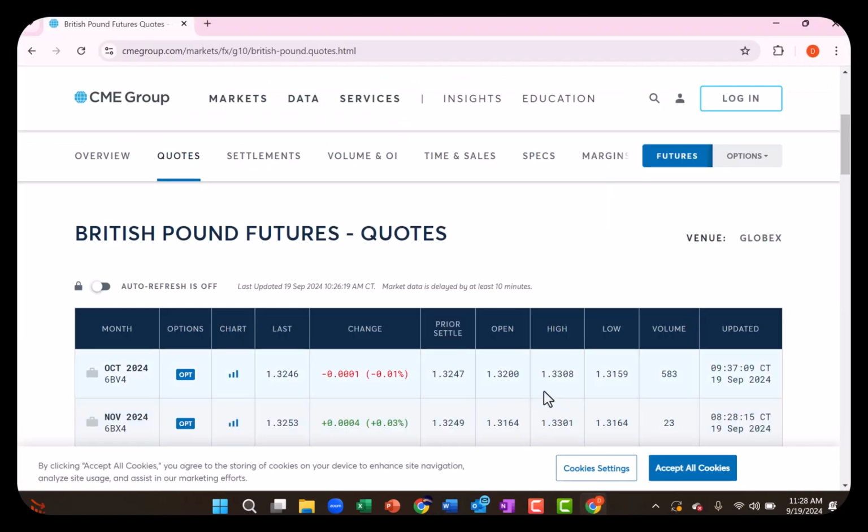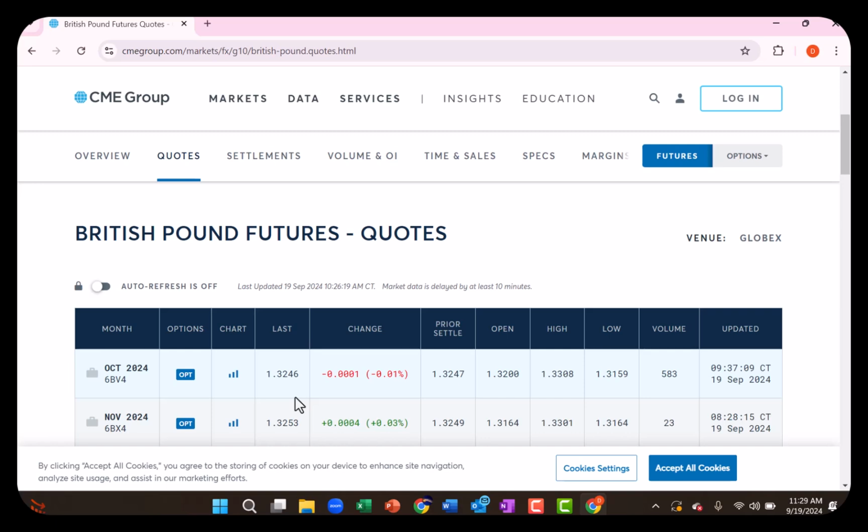So let's go back to the pound contract. If I have a long position and I establish that position at 132.46, if 10 minutes later it goes to 133, did I make money or lose money? I established the position at 132.46, the market went up to 133, and I have a long position.